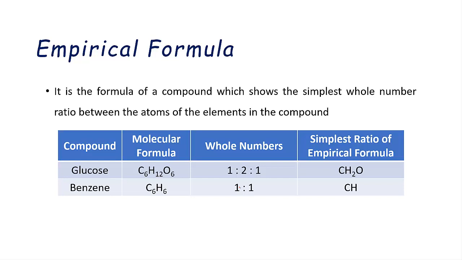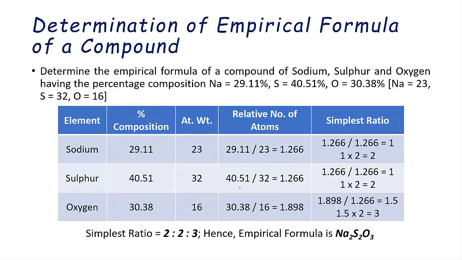The common factor 6 can be taken out, so we get 1:2:1 as the whole number ratio, and the formula derived from it is called the empirical formula, that is CH2O. Similarly for benzene, we have C6H6, so 1:1 is the ratio, and hence CH is the empirical formula for benzene. So how can we determine the empirical formula of a compound?